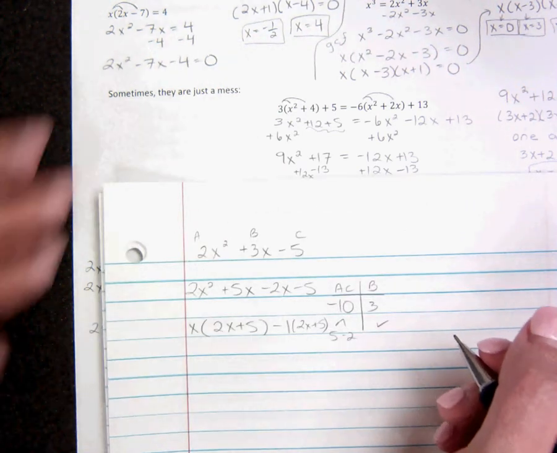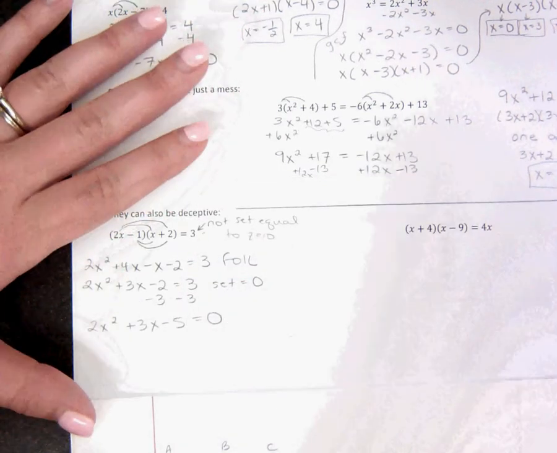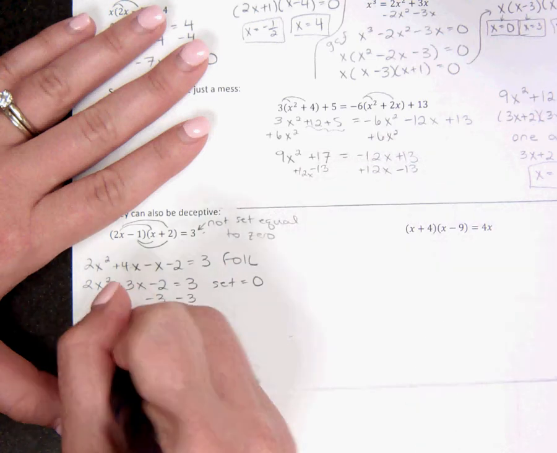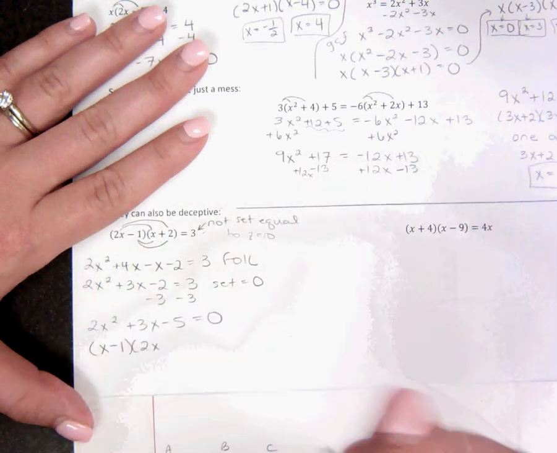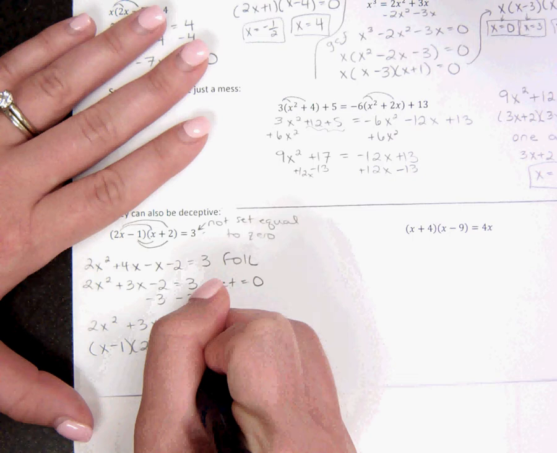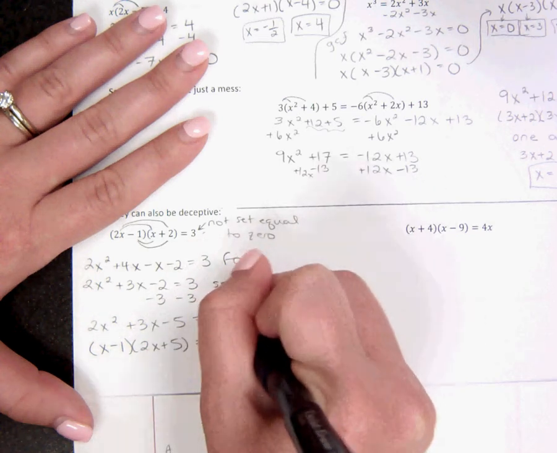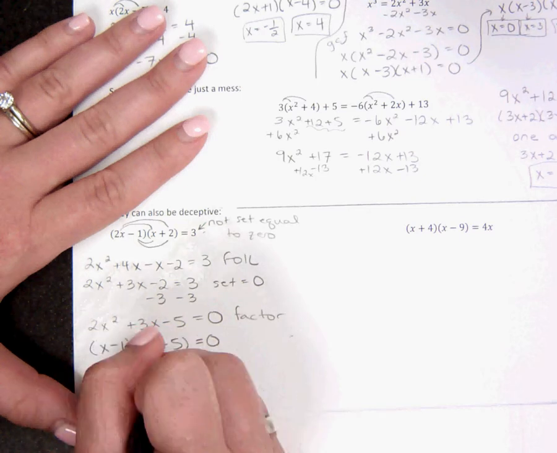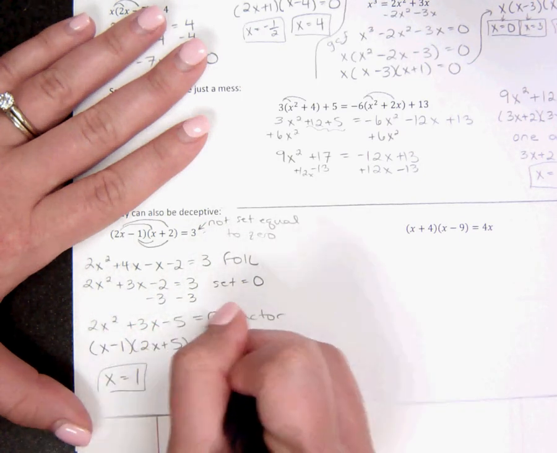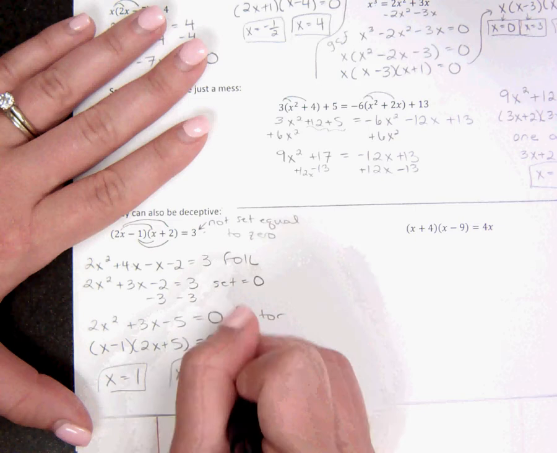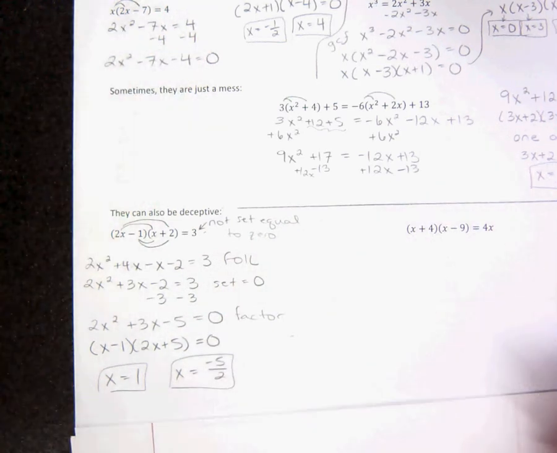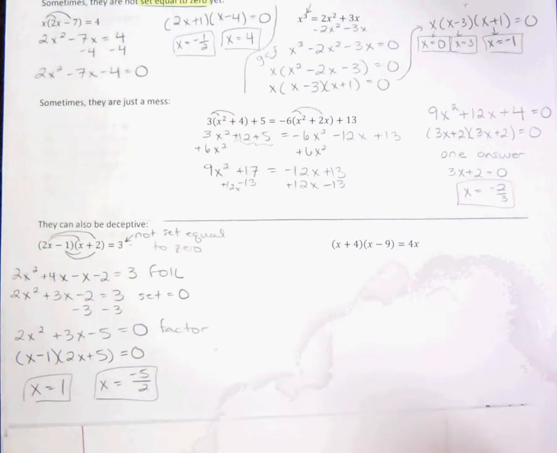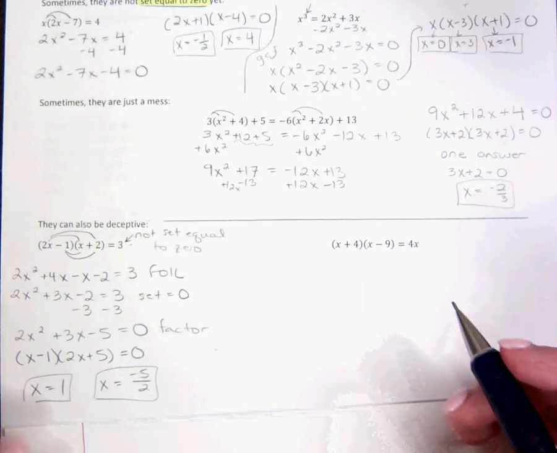You should be able to do that part yourself. So this factors into x minus 1 and 2x plus 5. And so your answer should be x equals 1 and x equals negative 5 over 2. You set each piece equal to 0 and solve. I encourage you to pause the video and try the next one on your own, see how you do.